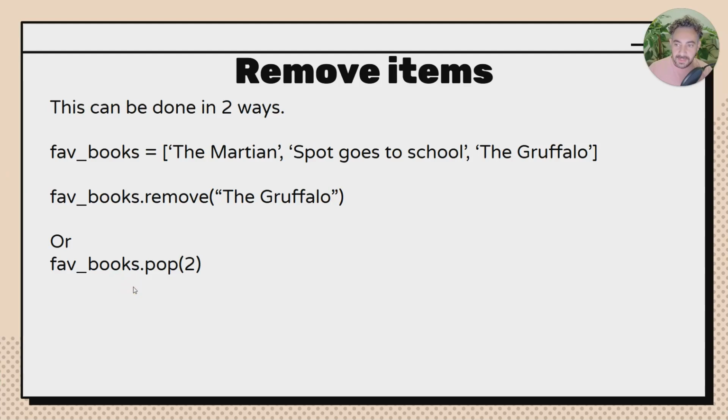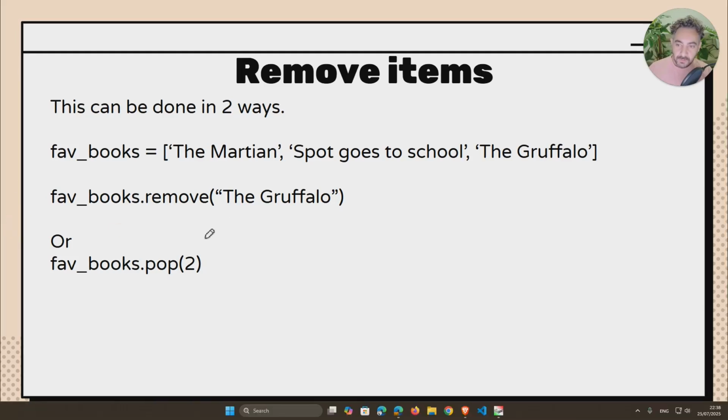The second list methods we want to look at are both the remove and the pop function. They're both used to remove items, and we will go through the difference. The first one, remove, will look for the value or the string that you pass through in parentheses.